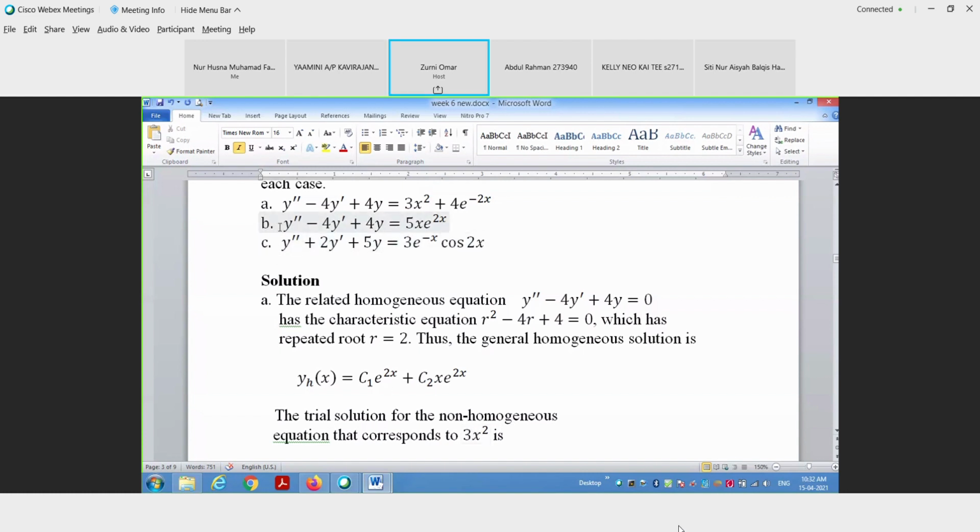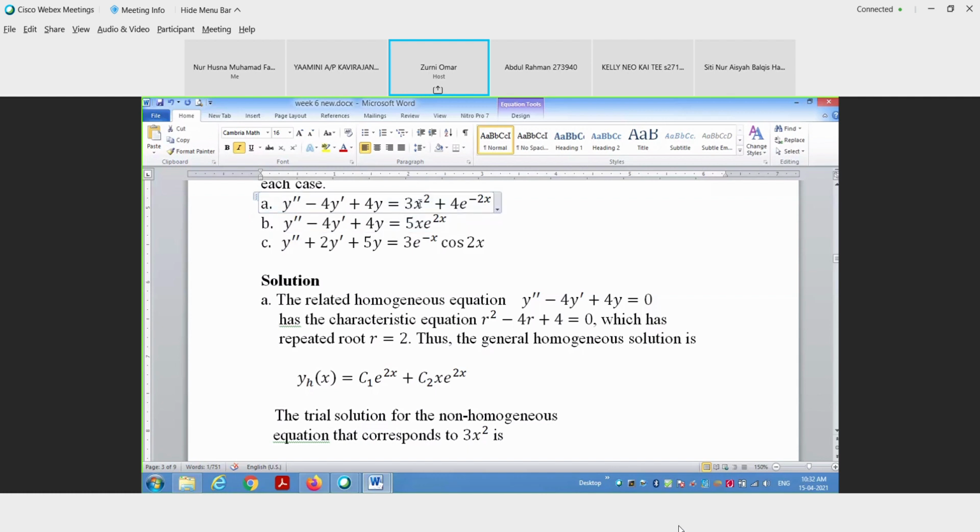For case B, it's very clear that it has the same YH as in A, because both have the same second order linear equation with constant coefficients.